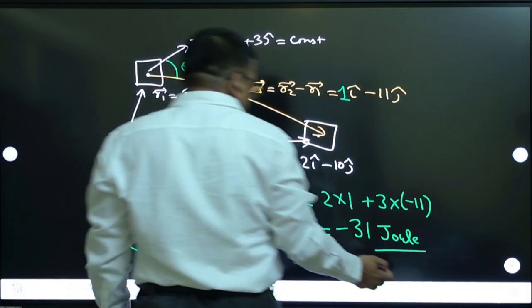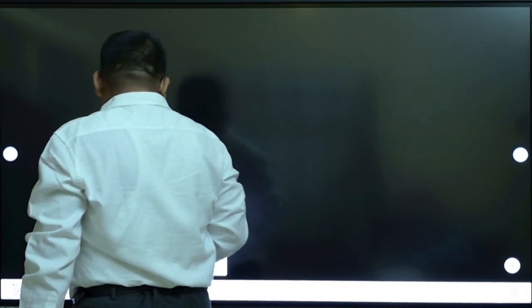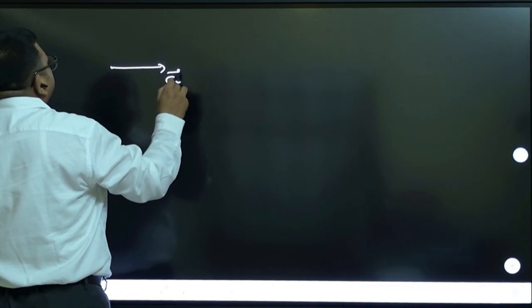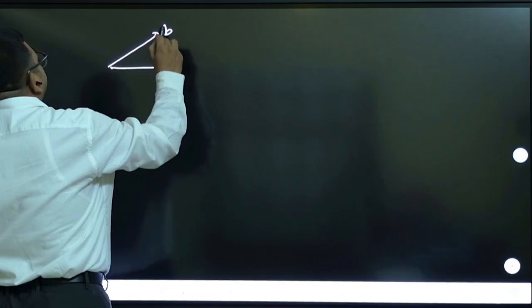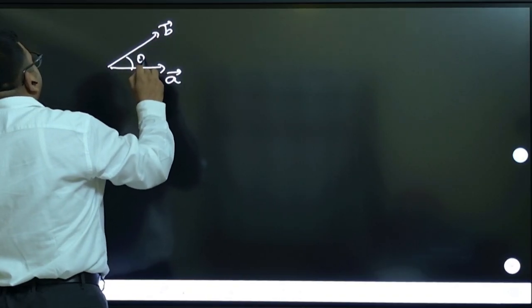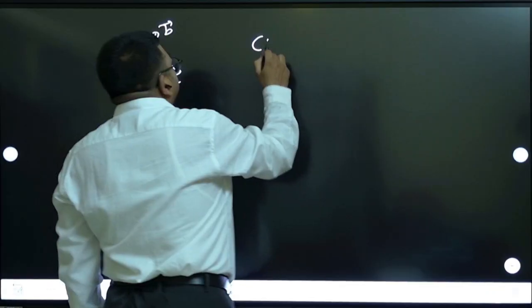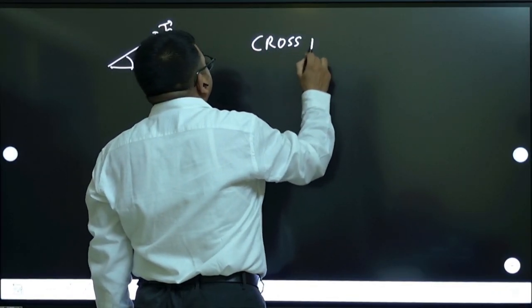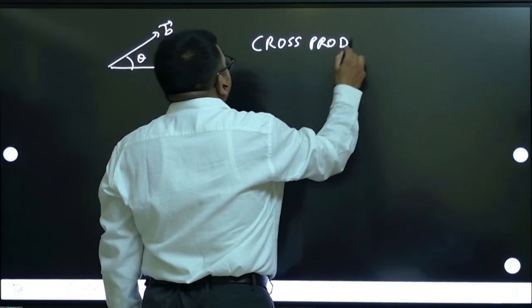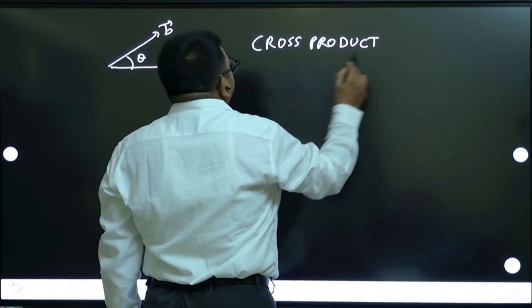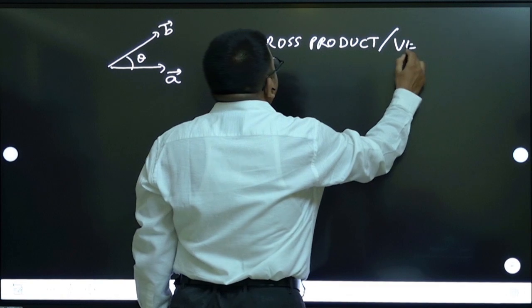Okay, so done. So then cross product is what? Cross product: A vector and B vector are given, let us say, and this is the angle between them. Cross product is also called vector product.